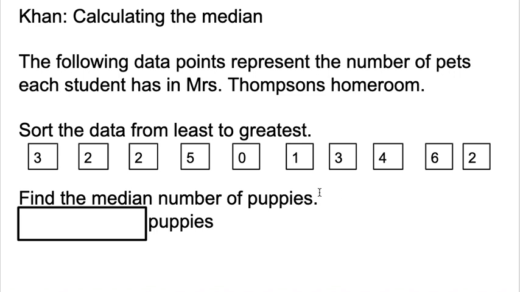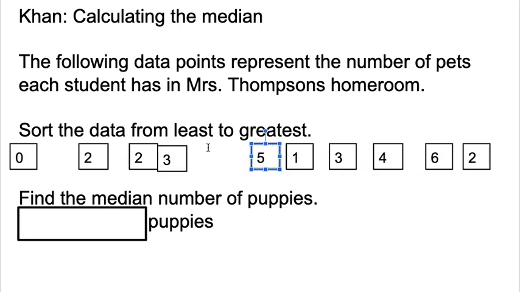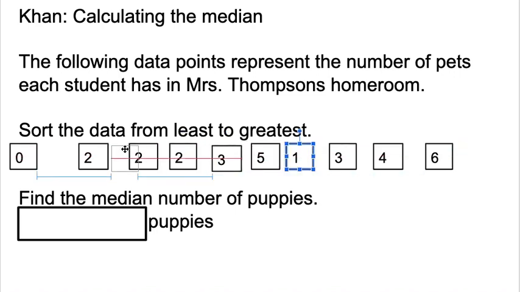So again, first thing we do is we start by putting them from least to greatest. So let's move the 3 up here somewhere. Move the 5 over a little bit too. Got a 2 we need to move down. 1 you move down.